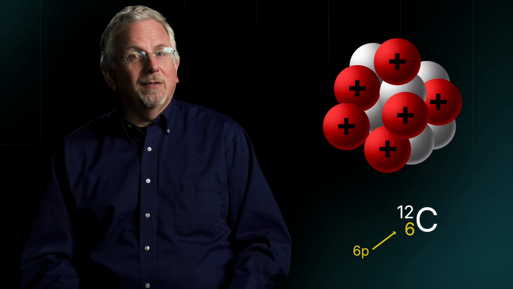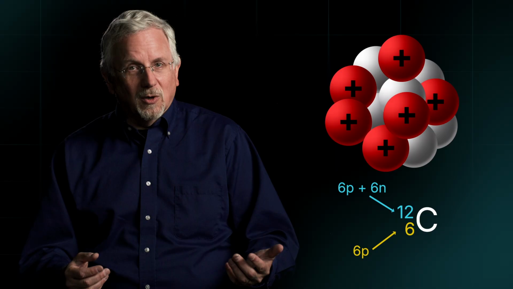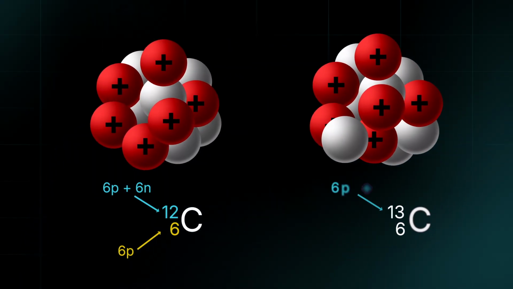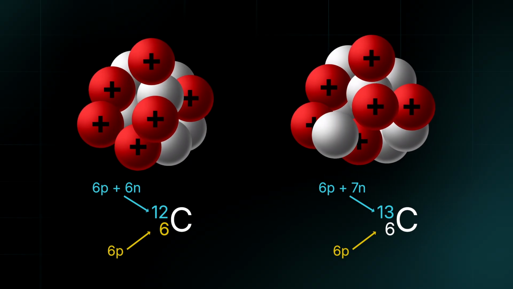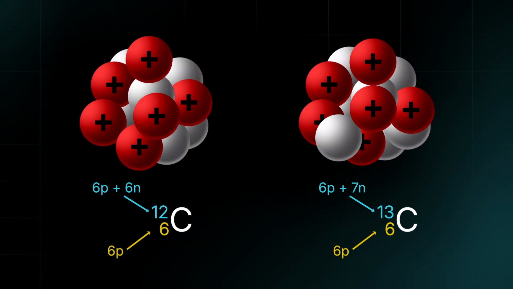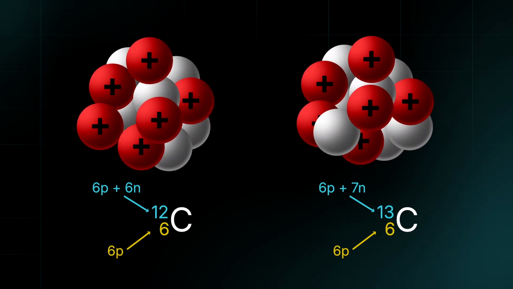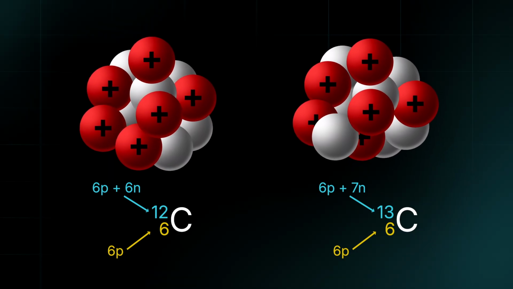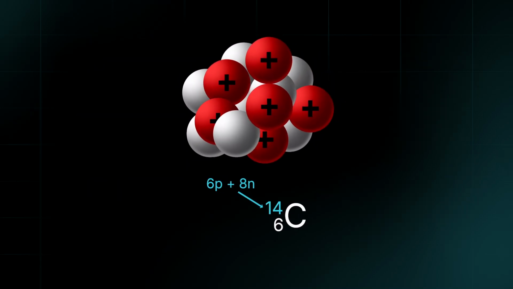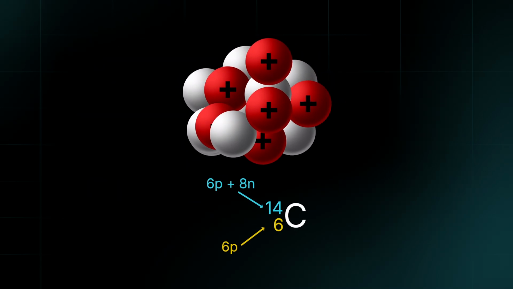Most carbon on Earth is carbon-12, which has 6 neutrons to go with 6 protons. But there's also carbon-13. That's an isotope of carbon with 7 neutrons instead of 6. Both carbon-12 and carbon-13 are stable isotopes of carbon.